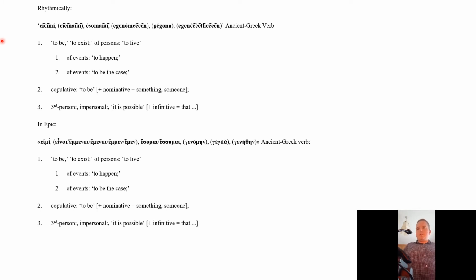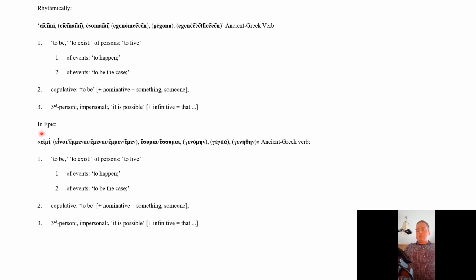And this is an ancient Greek verb, and it means to be, to exist, of persons, to live, of events, to happen, of events, to be the case, copulative, to be, plus nominative equals something, someone, third person, impersonal, it is possible, plus infinitive equals that.